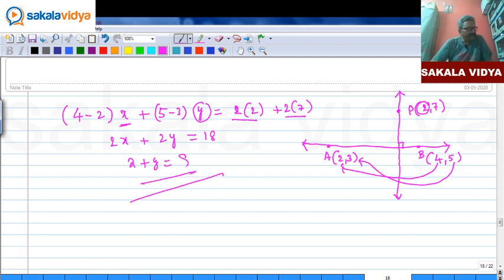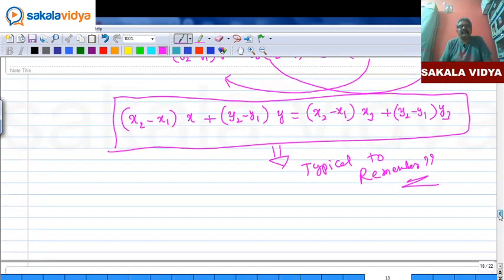Okay. So this I derived; you check it now. x2 minus x1 into x, y2 minus y1 into y, and in the place of x and y, x3 and y3 have been written. Understood now?